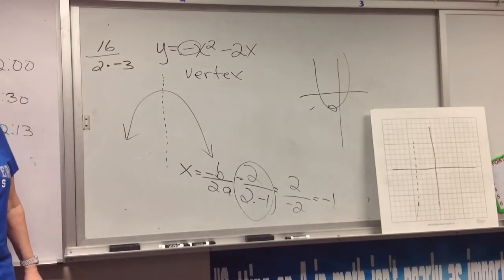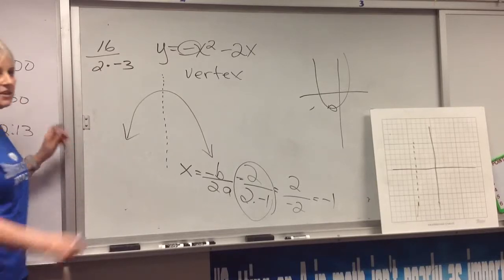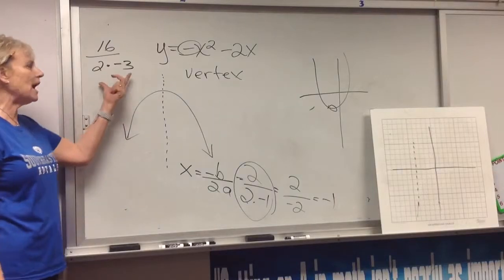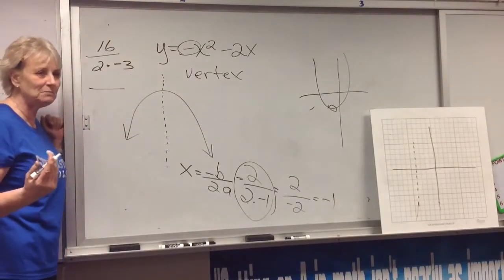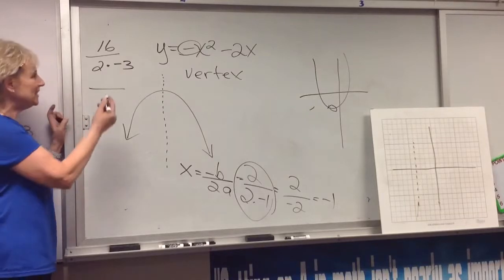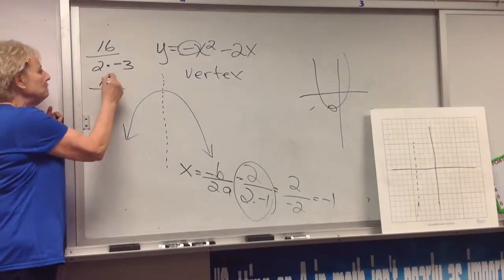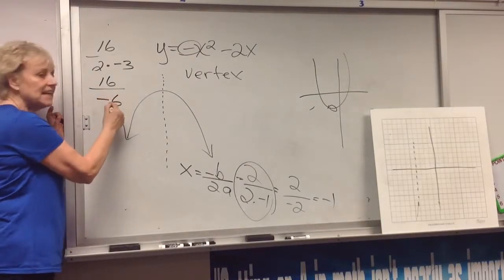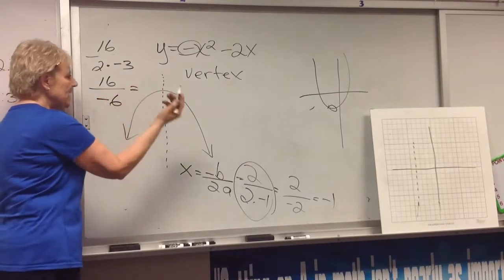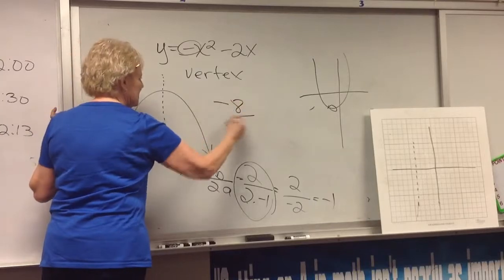The only way you can get the right answer is to either use the fraction bar, which I'm not going to get into right now, or use parentheses. Find out what that is. That's negative 6.